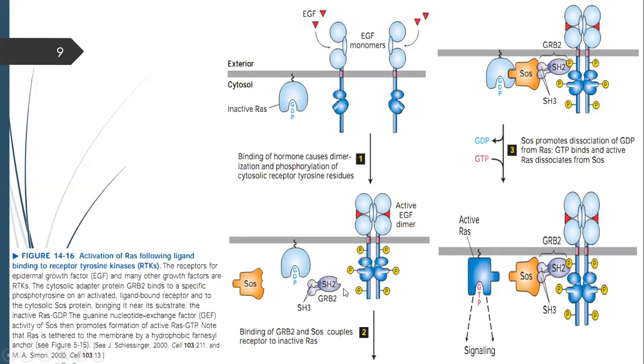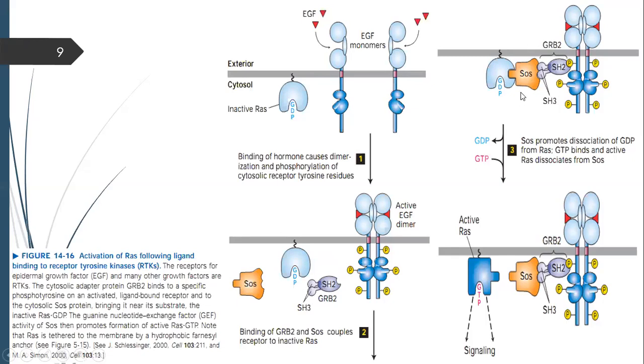There is another protein known as GRB2, this purple color. This GRB2 has two kinds of domains. The first one is the SH2 domain, which binds to the phosphotyrosine residues on the receptor. The second has two SH3 domains, and these SH3 domains bind to another protein known as SOS.